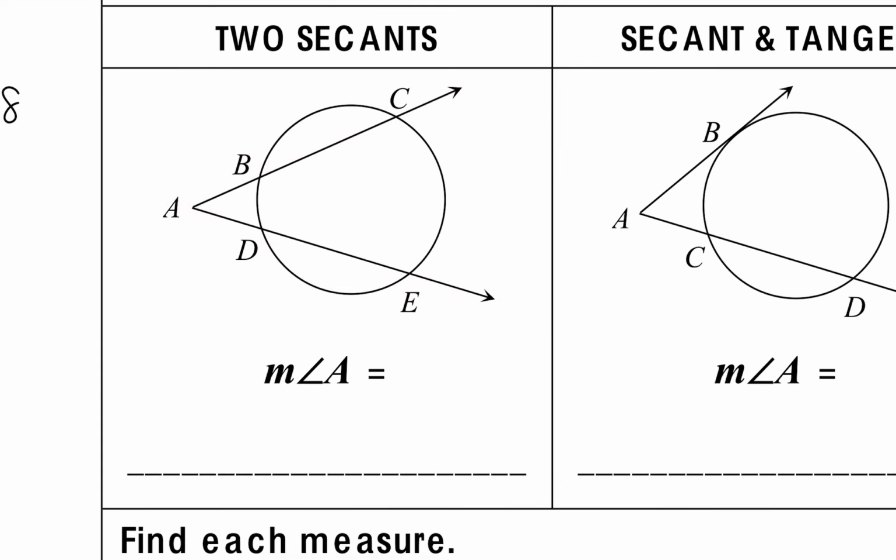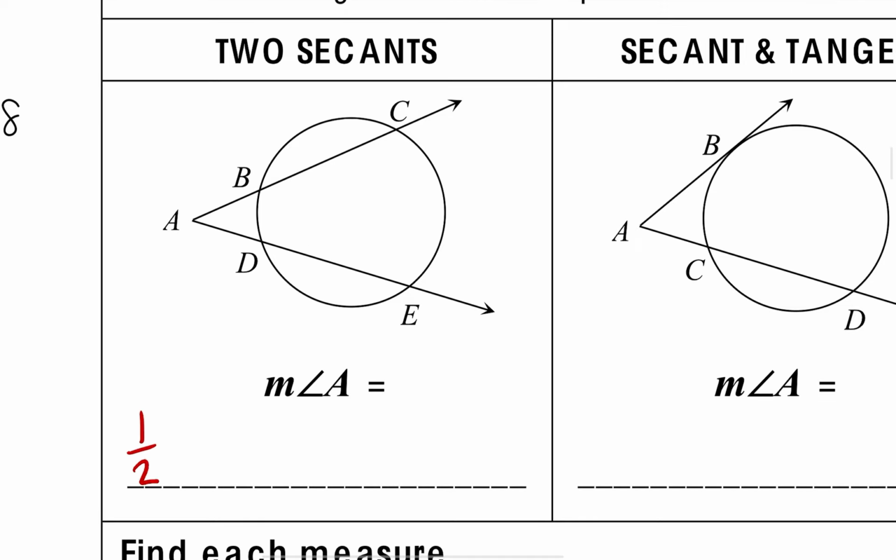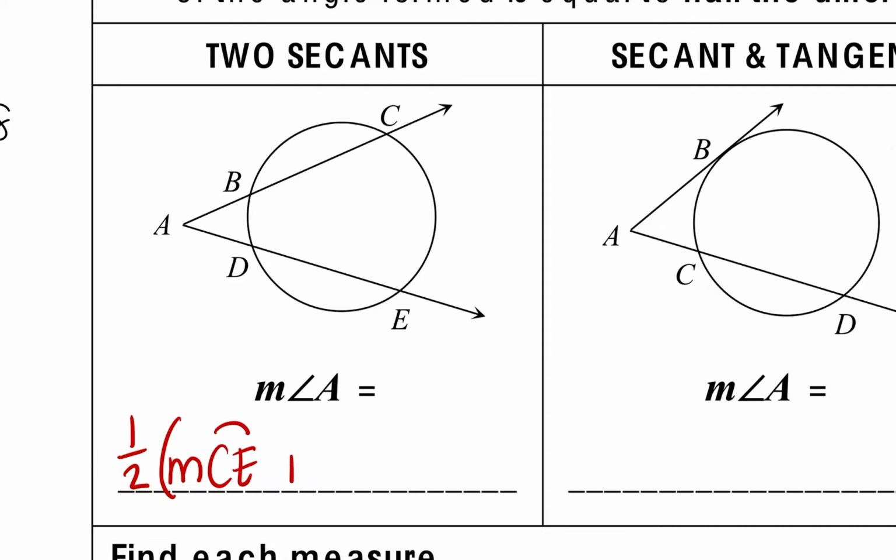outside the circle. So in order to find the measurement of angle A, you would take a half of the measurement of arc CE, minus, not plus, minus the measurement of arc BD. So let's look at that here.